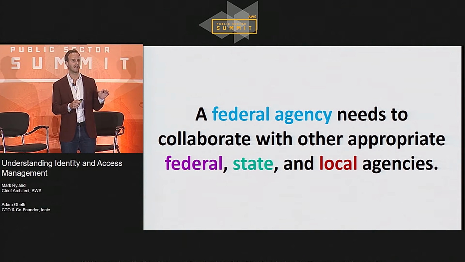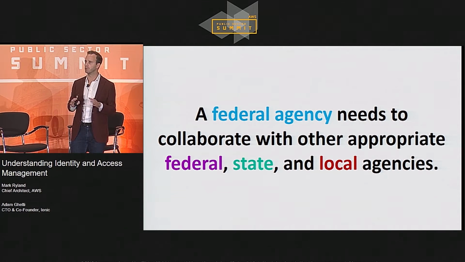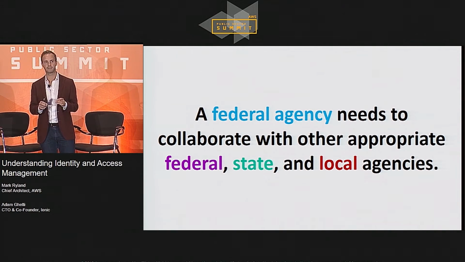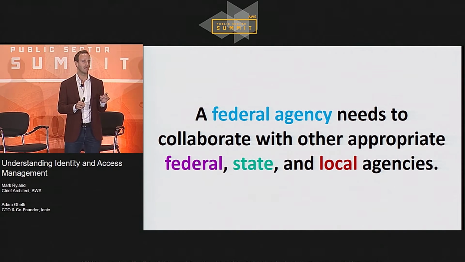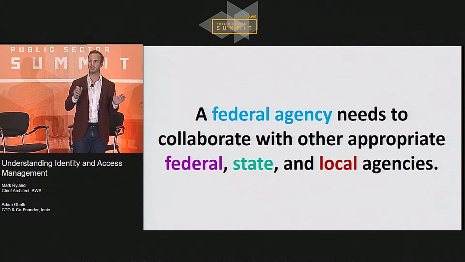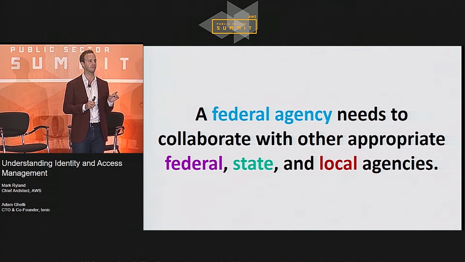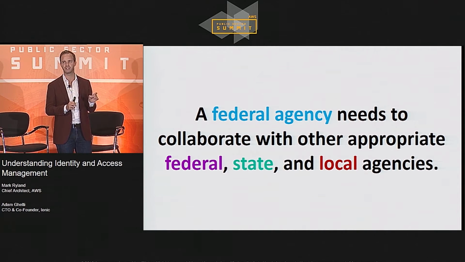We live in a world today that has never been more connected or more distributed than ever before. In this world, every organization, commercial to public, relies on strong collaboration with partners to accomplish its mission each and every day.